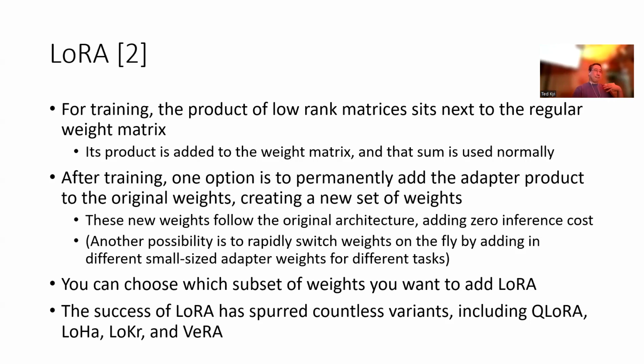So since memory loading is the real bottleneck, they said, one thing you could do is have those blue weights queued up as your starting point, and then the small little orange weights, because they're so much smaller, if they're 100 times smaller, it'll be 100 times faster to load them onto the GPU. And multiplying them and adding them onto the blue weights, that's super fast.